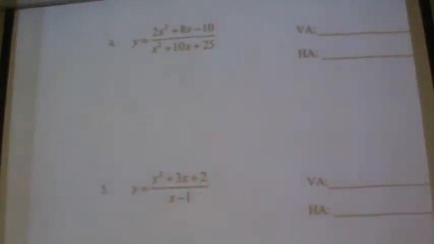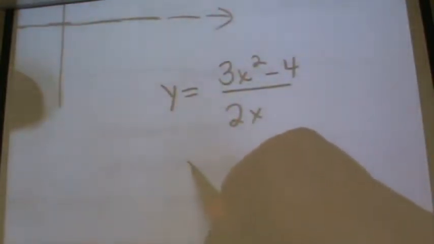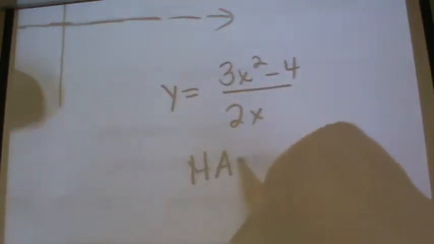Any other one bottom heavy? No. If it's top heavy, what does top heavy mean? The degree of the top is higher. So 3x squared over, I'll just make this up, that's top heavy. If it's top heavy, there is no horizontal asymptote, you say none.